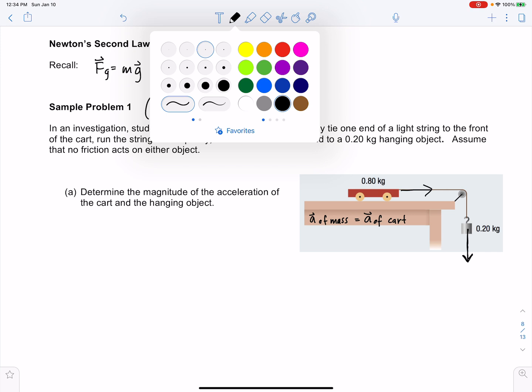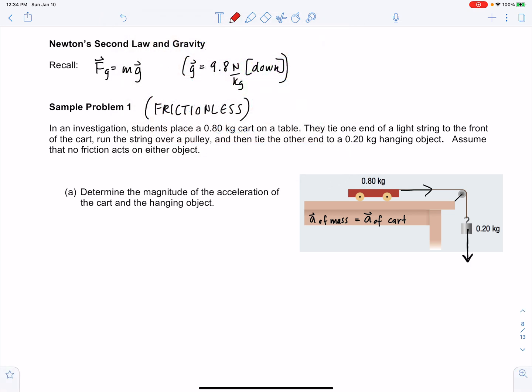Now, I'm going to use a sign convention, a plus or minus convention to indicate direction. And since this object is going to be accelerating to the right for the cart and down for the mass, I'm going to say let right and down be positive.